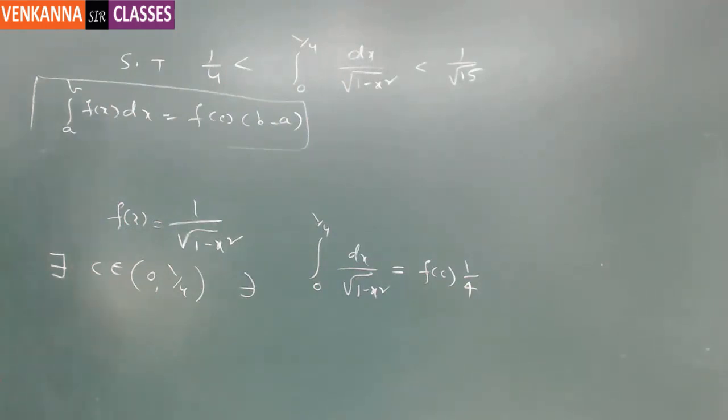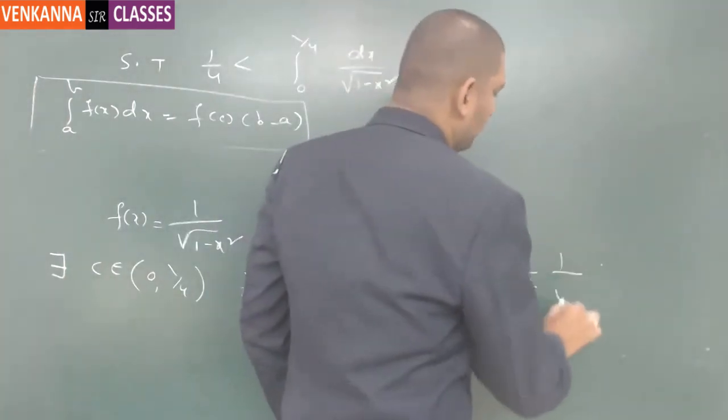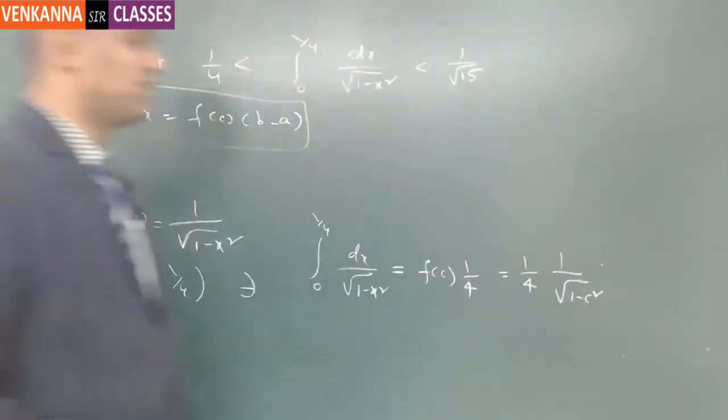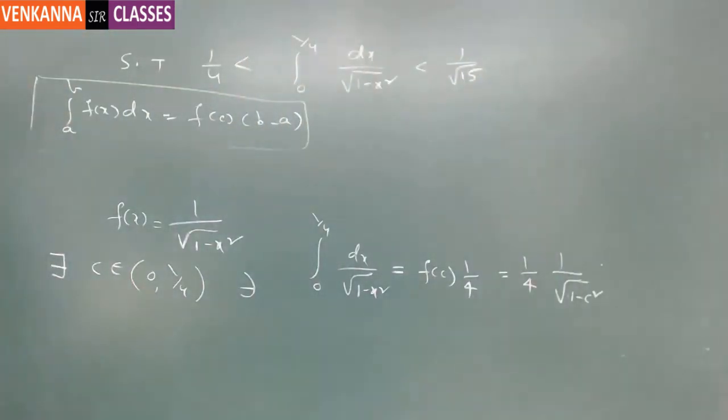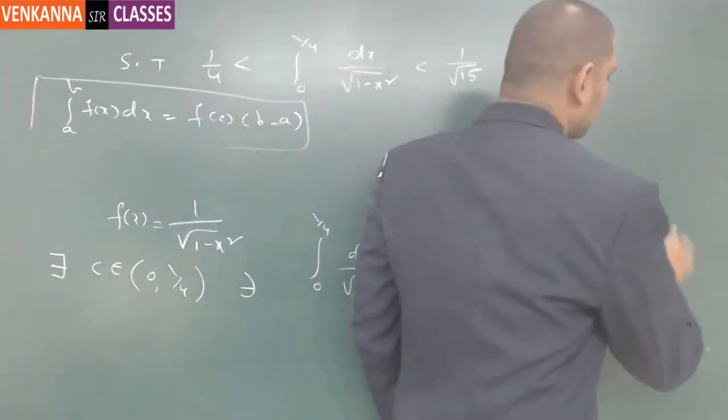And this value is nothing but 1 by 4 into 1 by root of 1 minus c square, because f of x is nothing but 1 by root of 1 minus x square. So this is our first equation obtained from using mean value theorem.